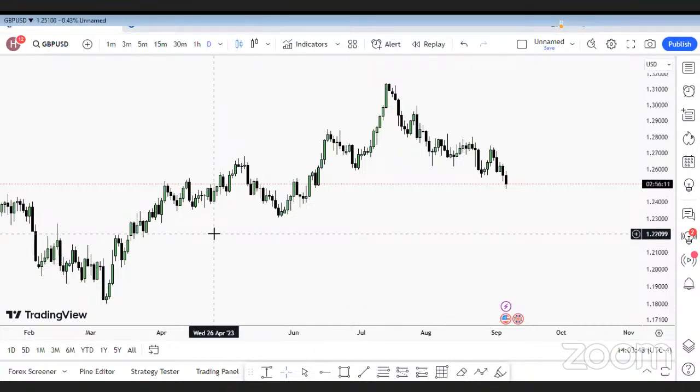Like I said from our previous evening session, in the forex market we have technical analysis and then we have fundamental analysis. I said the fundamental part is where you go to look for news.